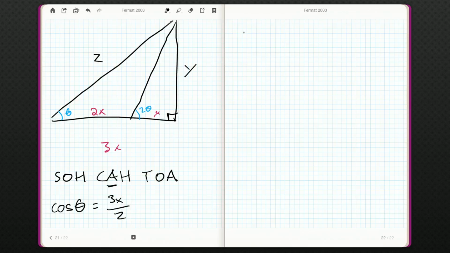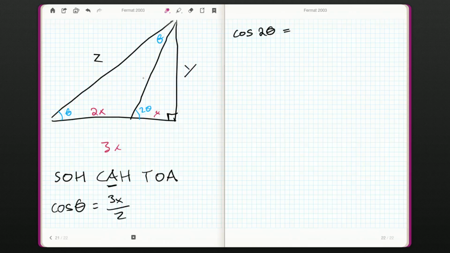And I know that cos of 2 theta is... okay, so I can't use that, because there's nothing with Z here. Well, I would have needed at least another piece of information.